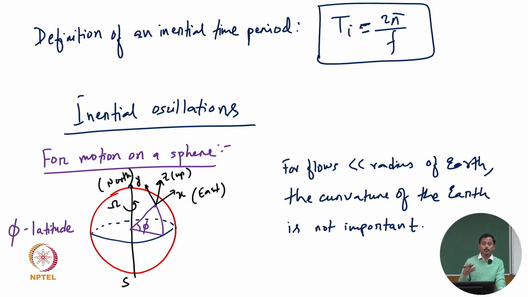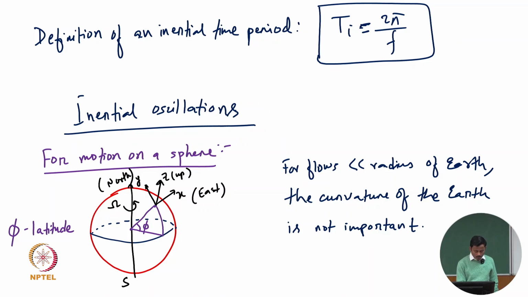Otherwise, we would have to move to a curvilinear coordinate system, which will make our algebra slightly complicated. We are assuming that the motions that we are dealing with are not significantly affected by the curvature of the Earth, and hence locally we can use a Cartesian coordinate system.